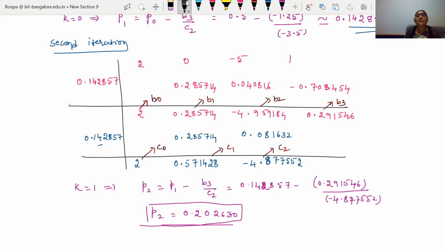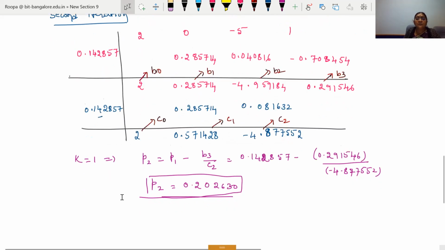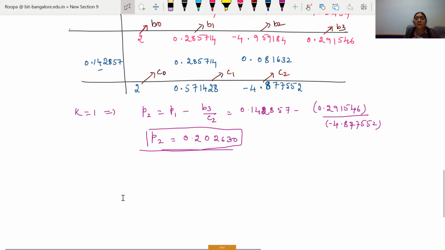After the second iteration. They are not asking us to continue until we get minimum error. They have given very clearly that we have to perform two iterations, and after that we also have to obtain the deflated polynomial.